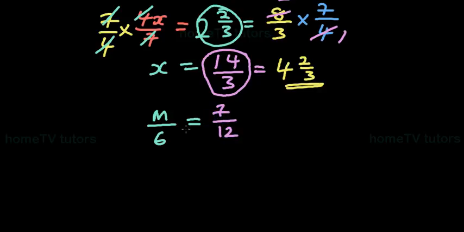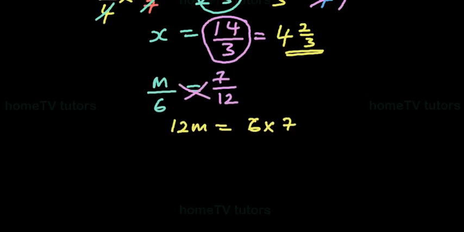This time around, we can cross multiply. So when we cross multiply, 12 goes to multiply m on the left hand side. So we have 12m equals 6 times 7. 6 goes to multiply 7 on the right hand side.